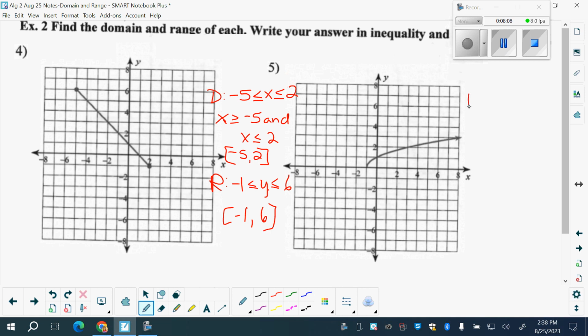So it's going to be x has what? And is it greater than or equal to, less than or equal to? Greater than or equal to, yeah.